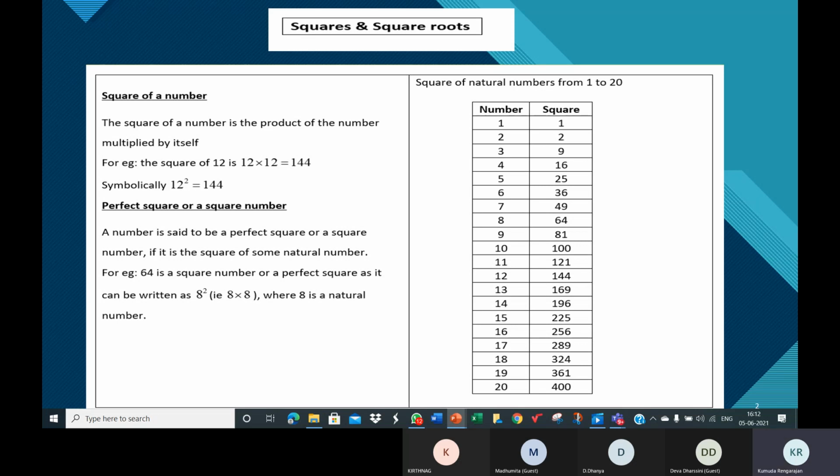What is the square of 1.3? 1.69. So how do we do that?